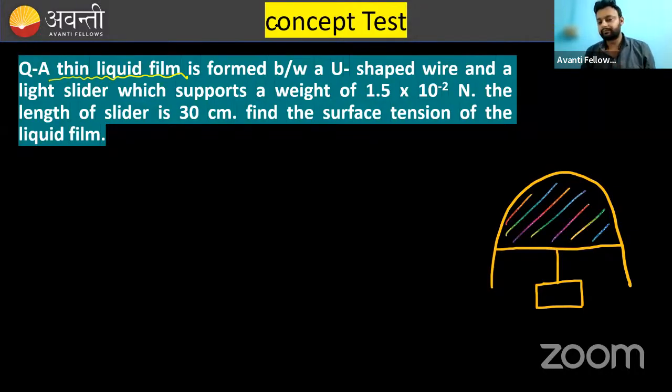We call it a film, transparent film. It is sometimes seen colored, so that's why I have drawn it colored. Okay. So now, what is it saying?